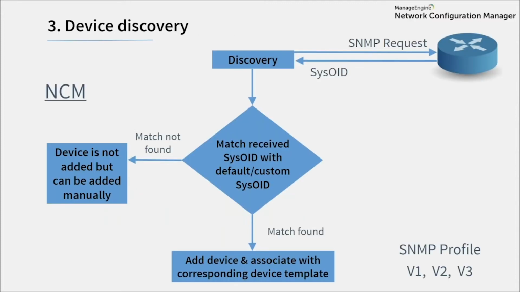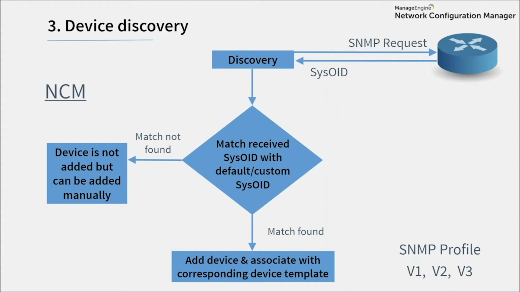So moving on to device discovery. Before you start managing a device, you must first discover the device into your inventory. This is how the discovery operation happens with the Network Configuration Manager discovery engine. First, when you try to discover a device, an SNMP request is sent to the device, and the device responds by sending its subject ID back to the discovery engine within Network Configuration Manager.